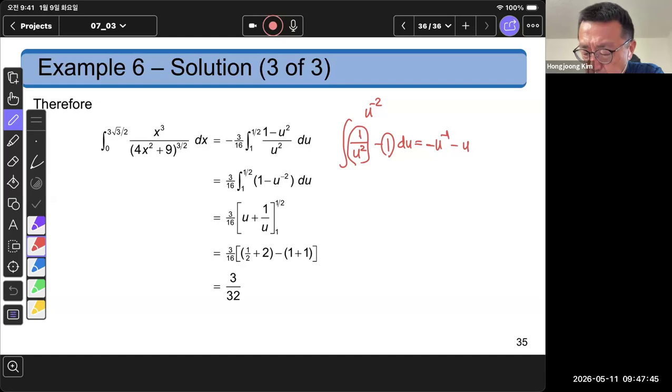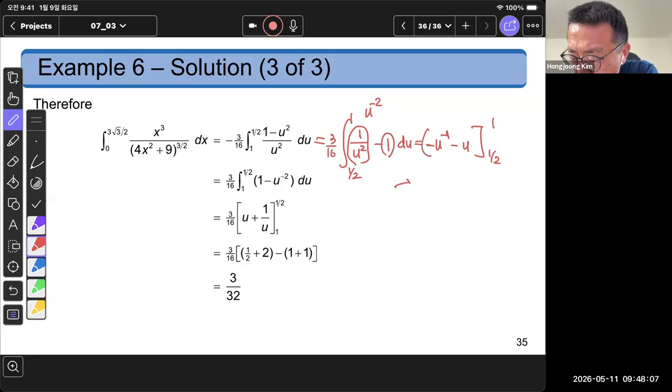Yes, so this is what I have. I have 1/2 and 1, so this is the same as this. I have 1/2 here. Okay, so if you plug in, oops, I have 3/16 in front.